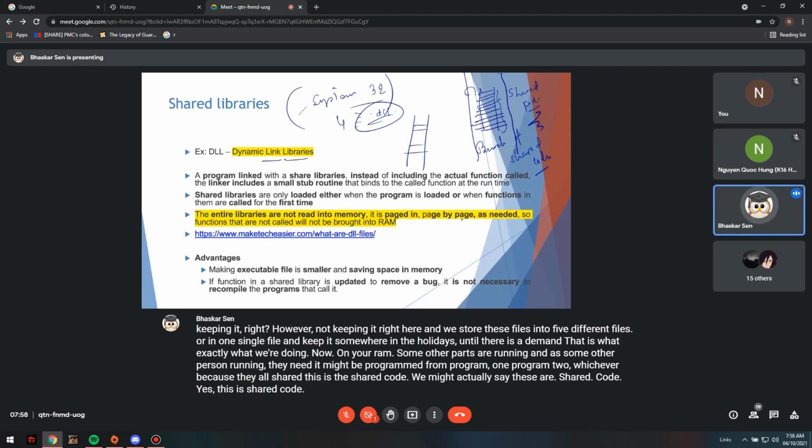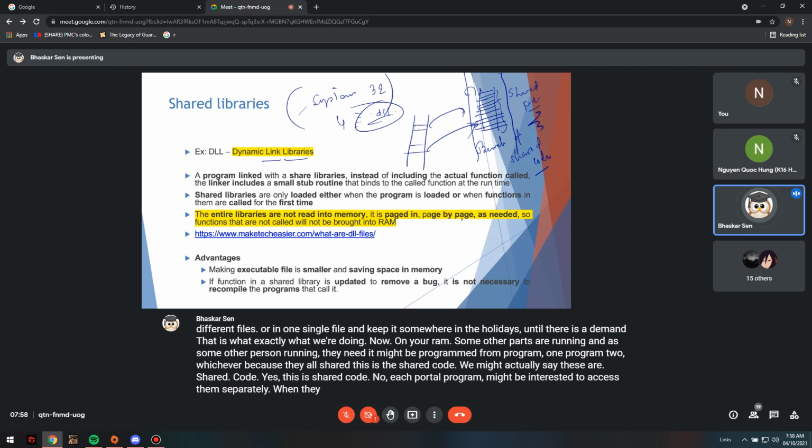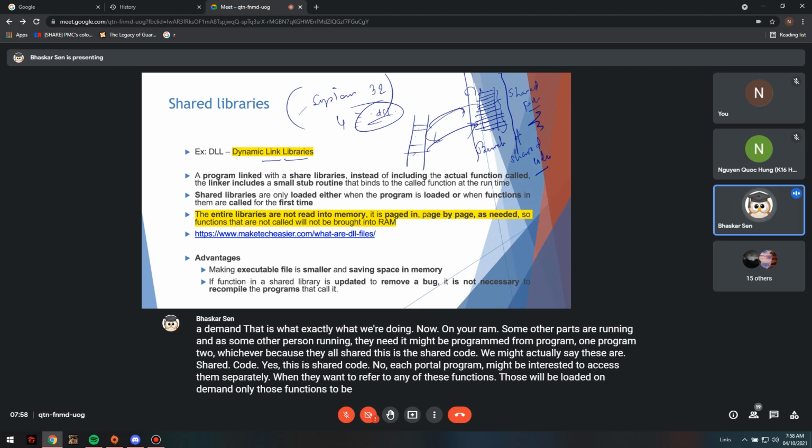Now, each part of the program might be interested to access them separately. When they want to refer to any of these functions, those will be loaded on demand. Only those functions will be loaded and run.